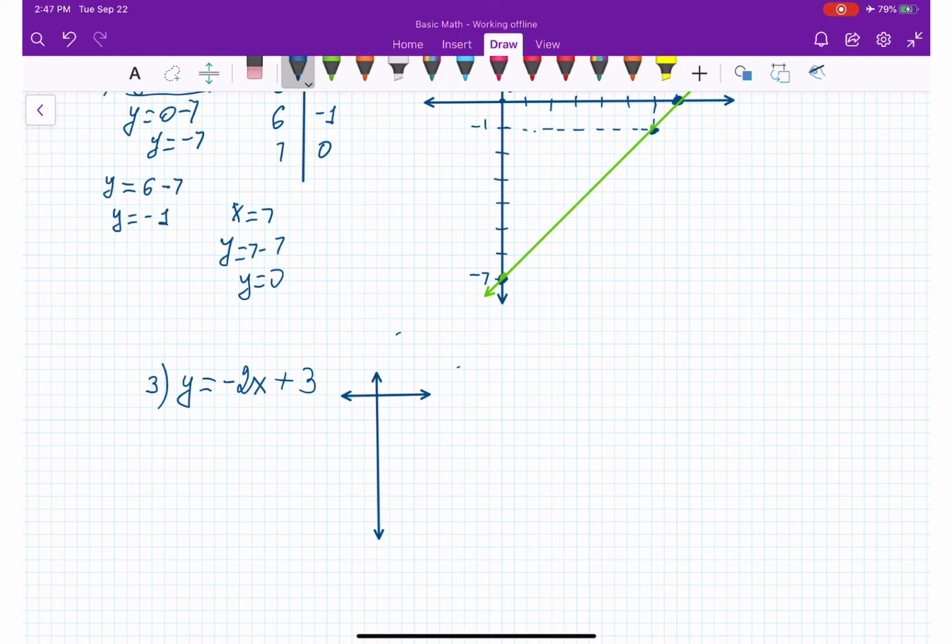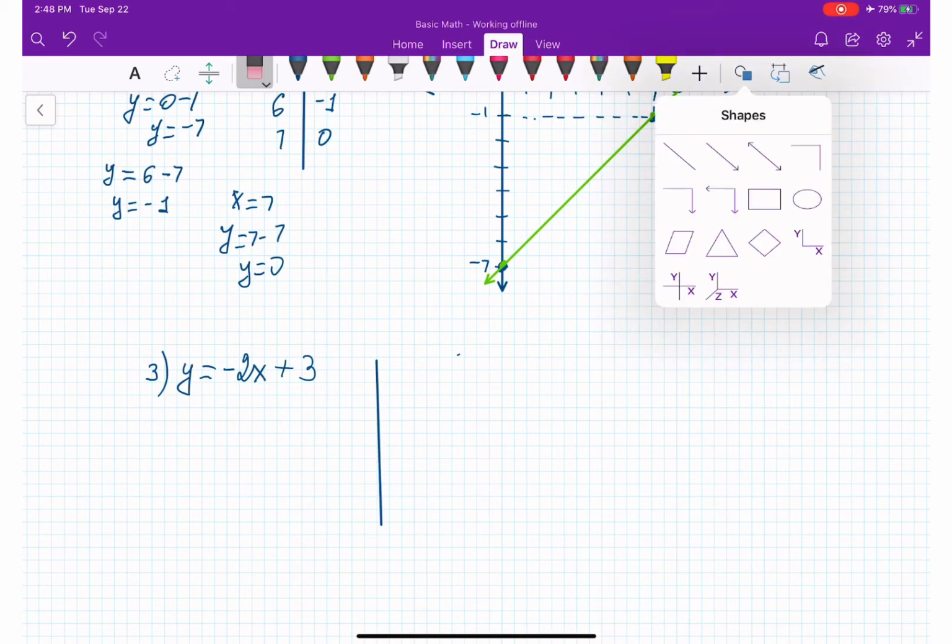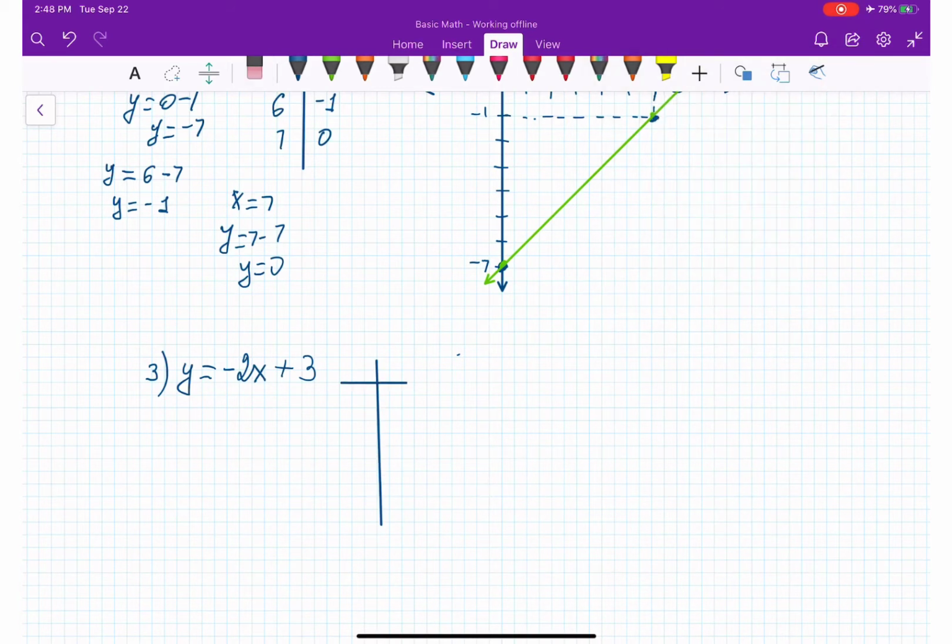Well, okay, I meant to draw lines, not... Okay, let's do it real quick. Okay, one. The other one.